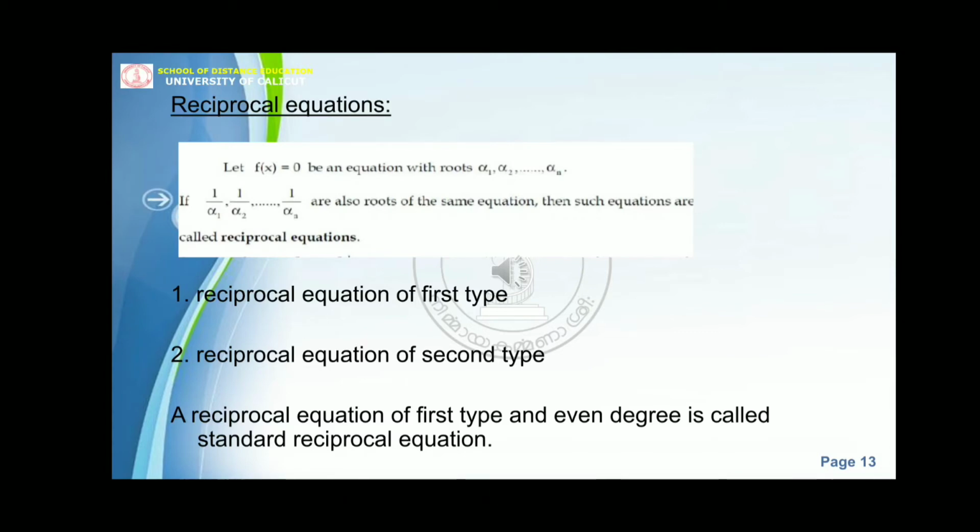Now second condition, a0 is equal to minus an, a1 is equal to minus an minus 1, a2 is equal to minus an minus 2, etc. Equations satisfying this condition are called reciprocal equations of second type. A reciprocal equation of first type and even in degree is called a standard reciprocal equation.